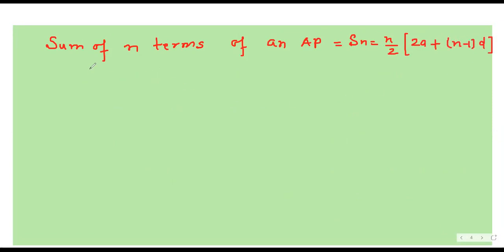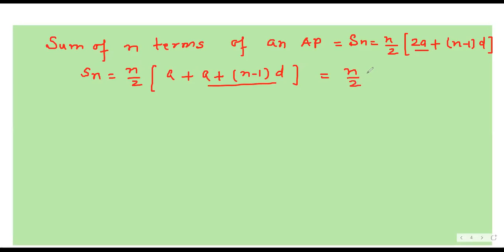This can also be written as Sn equal to n by 2, and we can split this: a plus a plus n minus 1 into d, and this is an or L. So we write it as n by 2, a plus an. So this is the formula of the sum.